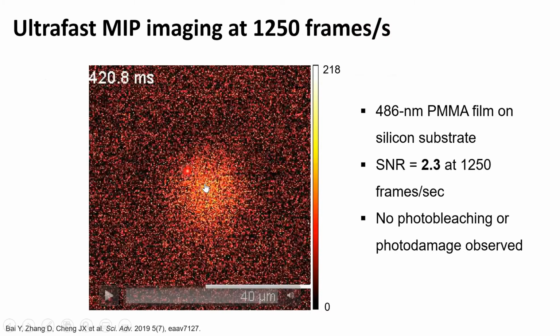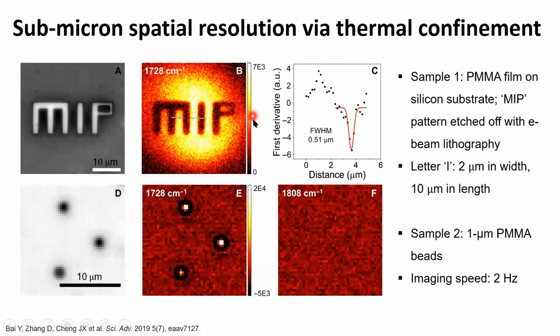We can see the IR contrast, and if we average, we can get a very high signal-to-noise ratio. More importantly, this still maintains very high spatial precision, because the film or the particle is on a silicon wafer substrate, so there is very quick thermal diffusion. This gives us submicron but high-throughput IR imaging.